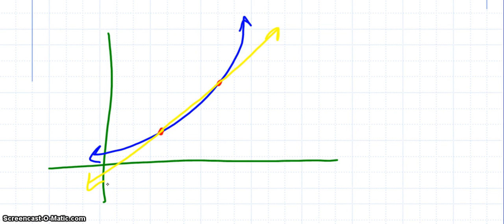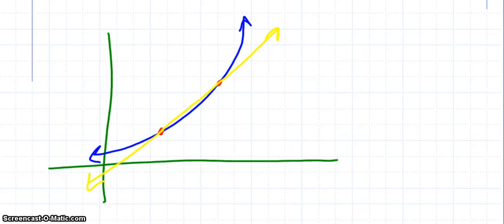If this line is secant to the function, I could find the slope of this line, and I could use that to approximate the tangent line. And the closer and closer these two points get to each other, the better that approximation is going to be.